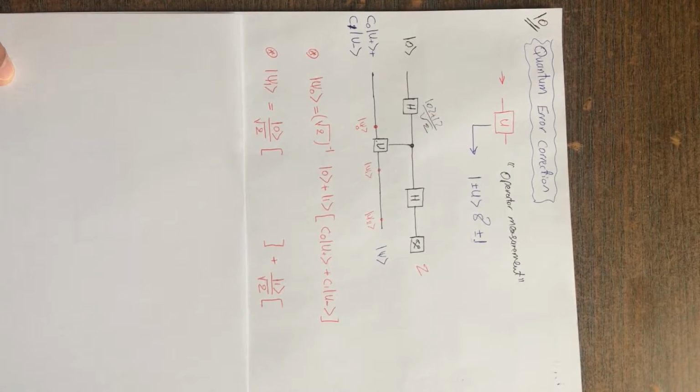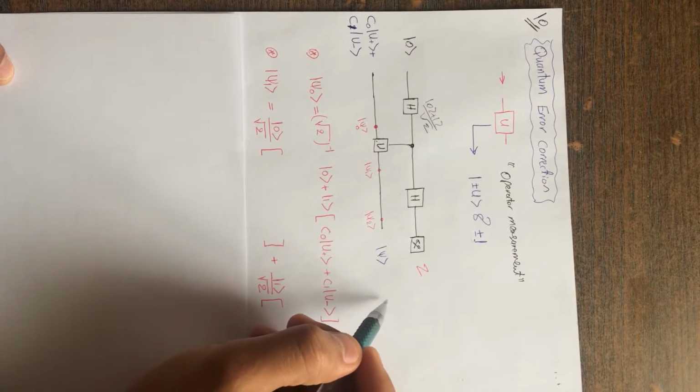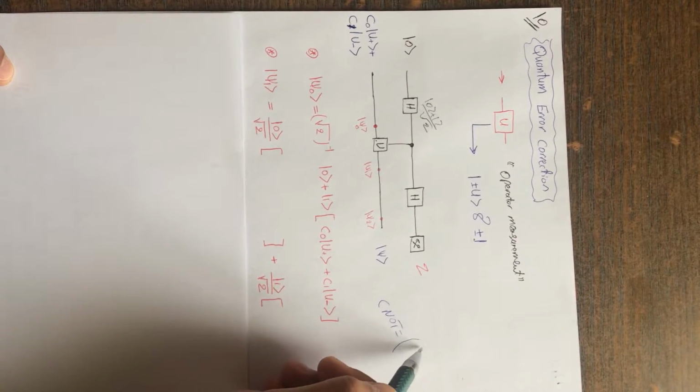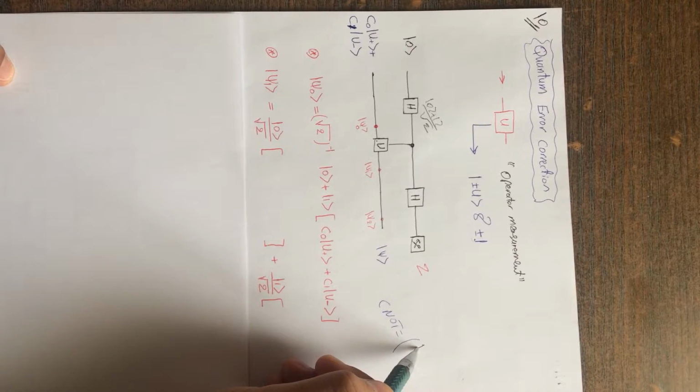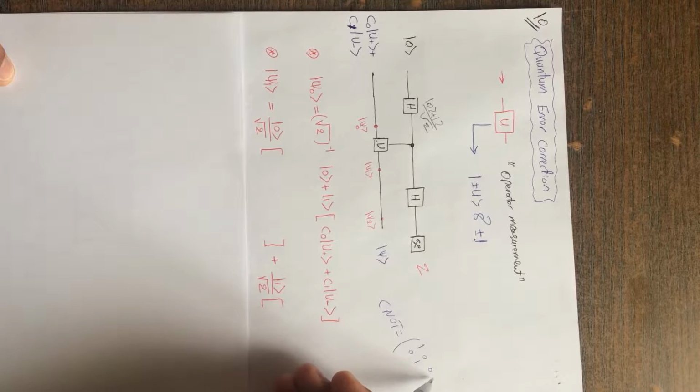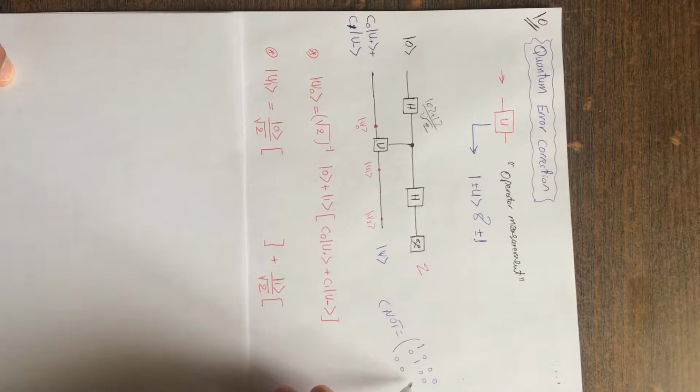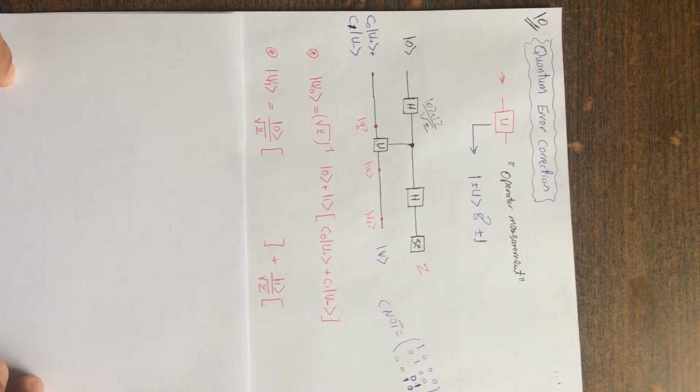Remember the C naught is this matrix: 1 and 1 on the diagonal, and the off-diagonal 1. This is a C naught.